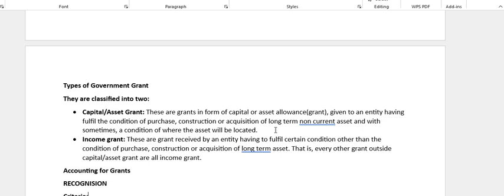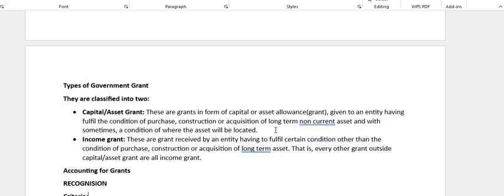And sometimes it may be that you should locate your plant or your machineries at a particular location. Sometimes it comes like that. But once it hinges on a non-current asset being acquired, constructed, or purchased, that is what we know as a capital or asset grant.